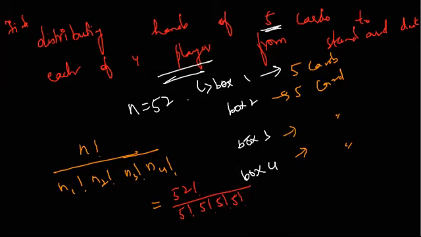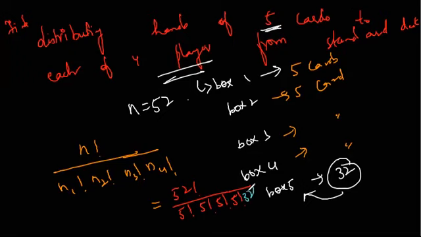Now what about the remaining cards? Are you placing the remaining cards somewhere? Yes, they will be with the person distributing the deck of cards. That person will be considered as box 5. How many cards are you placing with him? You have removed 20 cards from the standard deck of 52, so there will be 32 cards remaining. So this box 5 has 32 cards, and you have to take that value too, so you write 32 factorial.